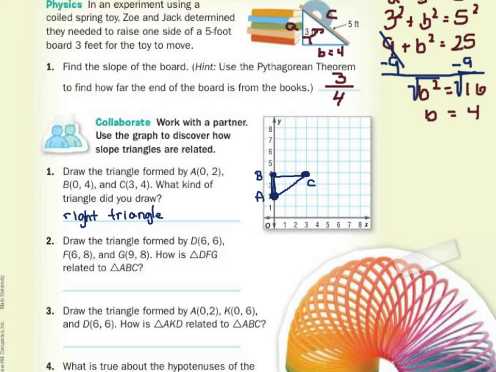Then we'll look at how is triangle DFG related to triangle ABC. Well, let's look here. We'll have (6, 6), which is right here. We'll have (6, 8), which is right here. And then (9, 8), which is out here.